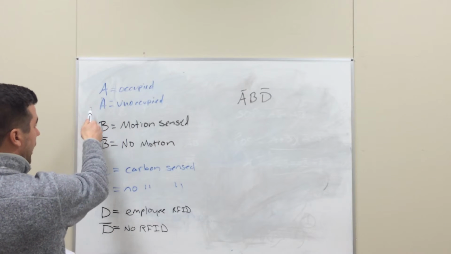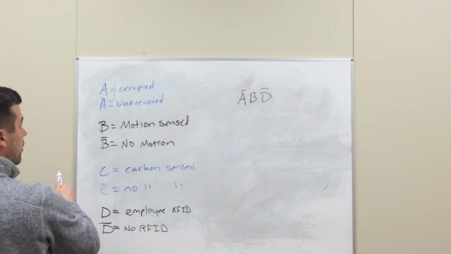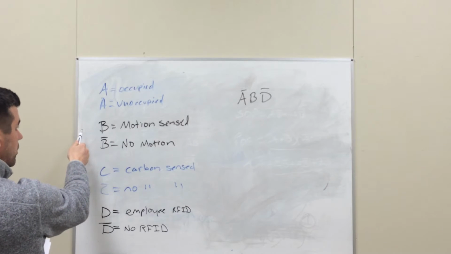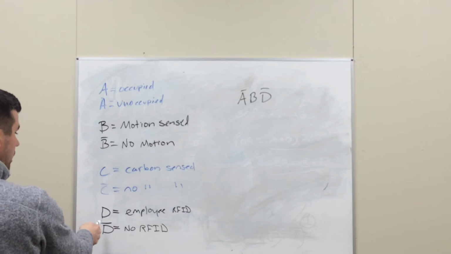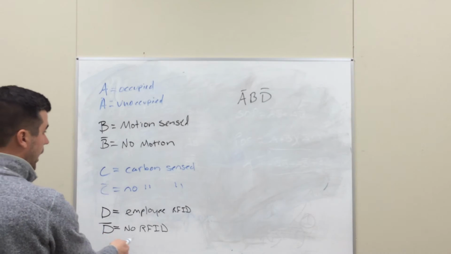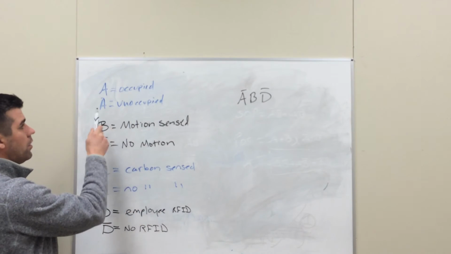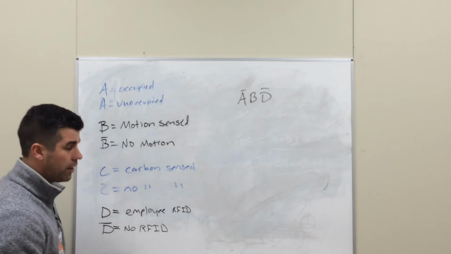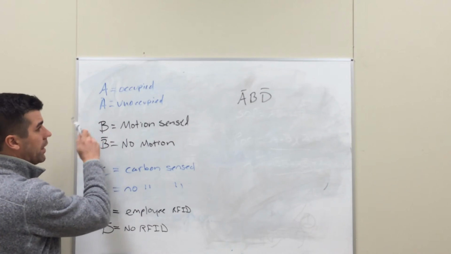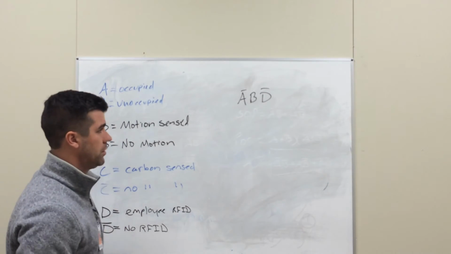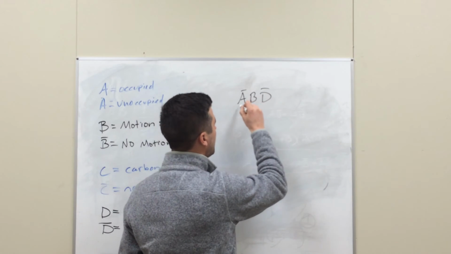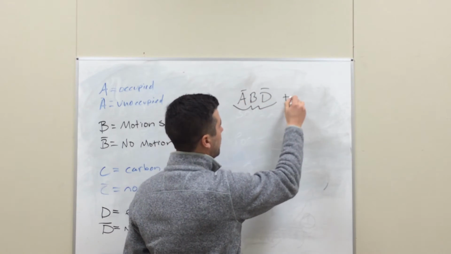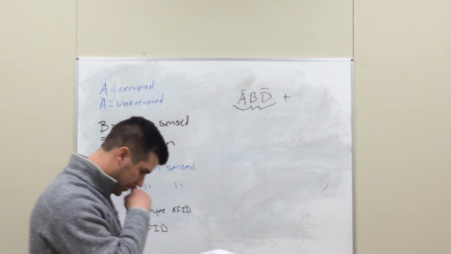Building was unoccupied, right? Motion was sensed. No RFID, okay? So there's no employee in there after hours working, okay? The building is unoccupied, but there's motion, okay? This is one of our terms that's gonna generate an alarm.